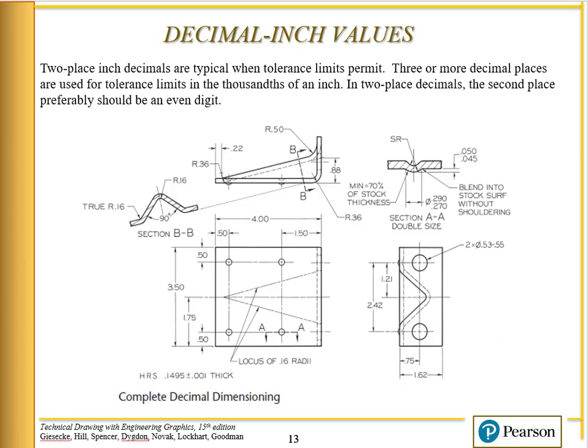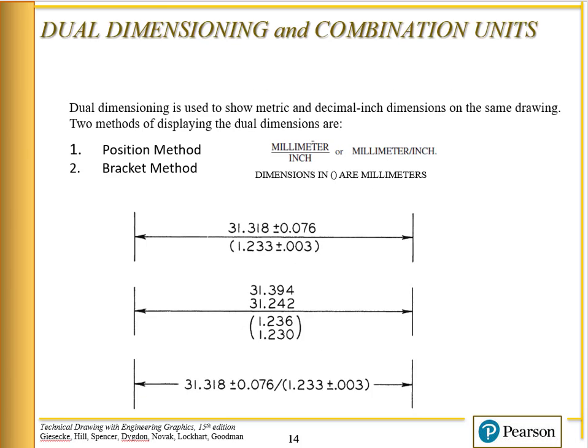In some cases, what you're going to want to do is have dual dimensioning and combination of units. In this scenario, what we're doing is we're showing both metric and inch units on the drawing. Okay, and how we do that, we can do it several ways.